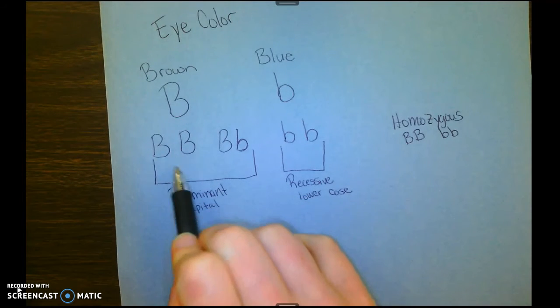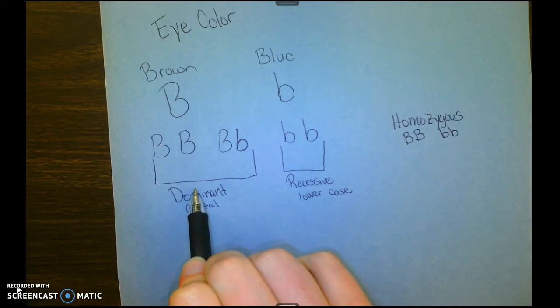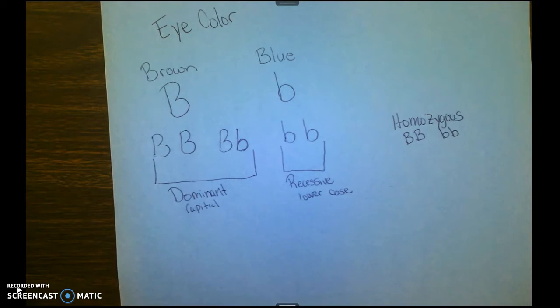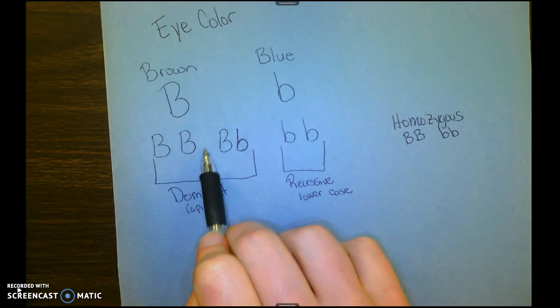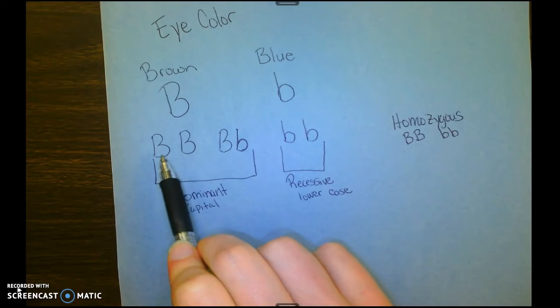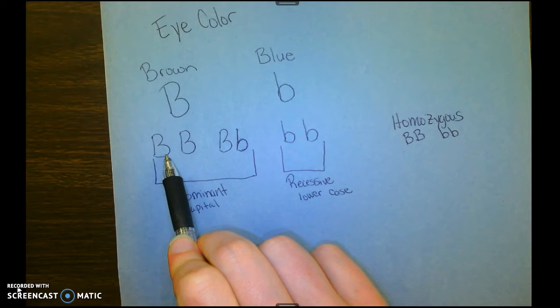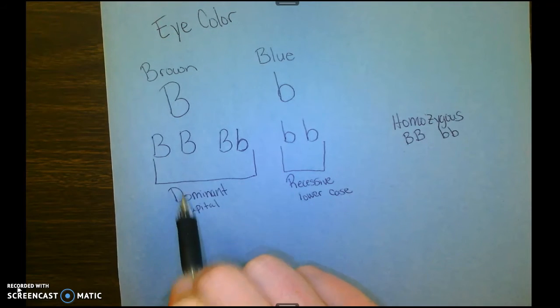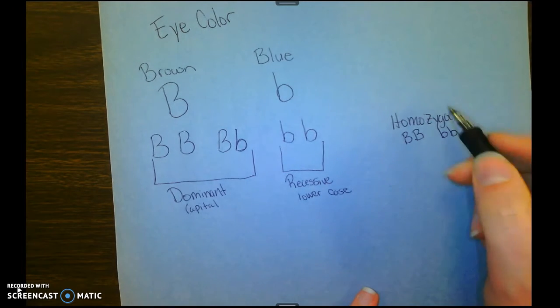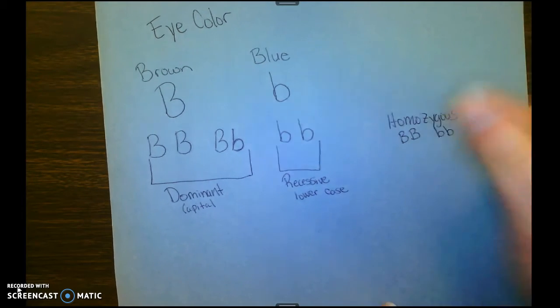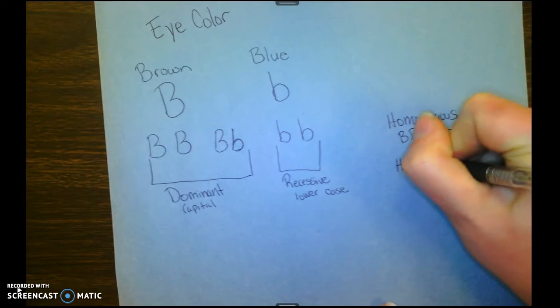We would call this person homozygous dominant because he has both the same case letters and they're both capital. So homozygous because they're the same case and dominant because they are capital. So these are homozygous over here. And the other word was heterozygous.